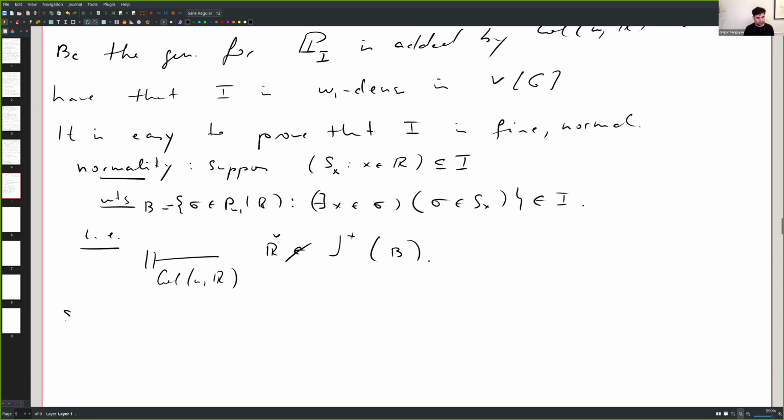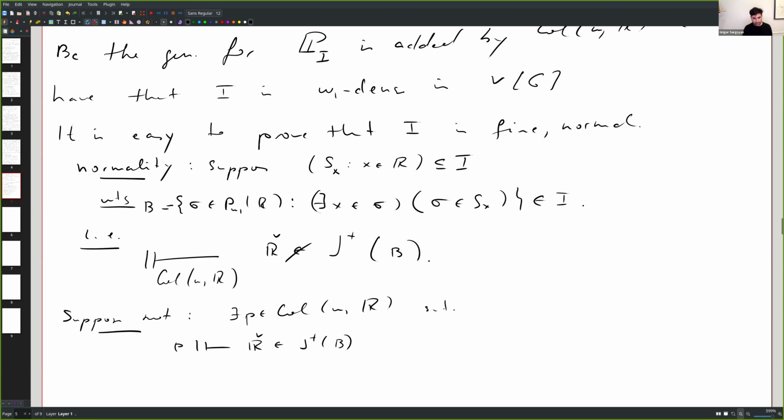So suppose not. If you assume not, then there will have to be a condition in the collapse such that P forces that R is in J plus B. But what does it mean to be in J plus B?